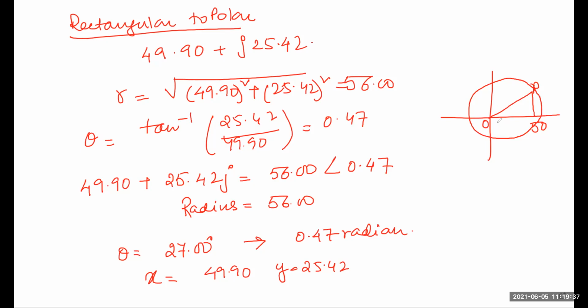These things you had in mathematics, in control system you had polar plotting and all. So this is the basic method of how you convert any J term into radian or degree. Clear this portion?